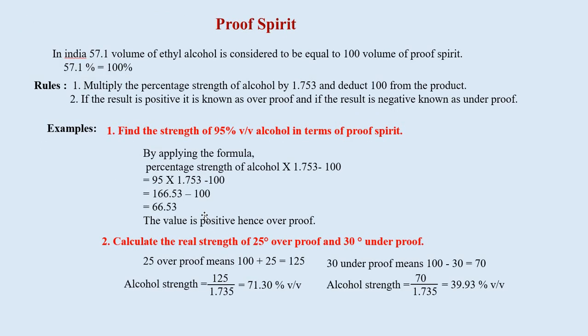Now we move toward the next concept, that is, sorry, proof spirit. In India, 57.1 volume of ethyl alcohol is considered to be equal to 100 volume of proof spirit. Here what we are calculating is the percentage strength of any alcohol or compound in terms of proof spirit.